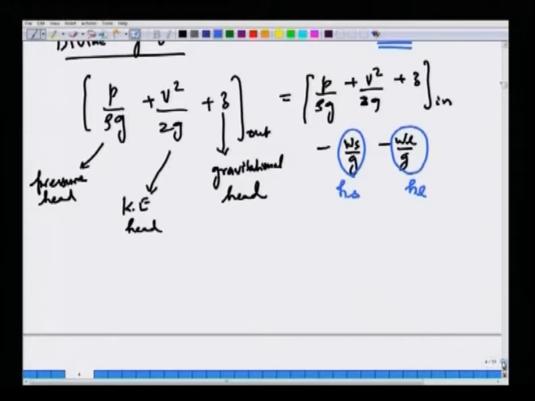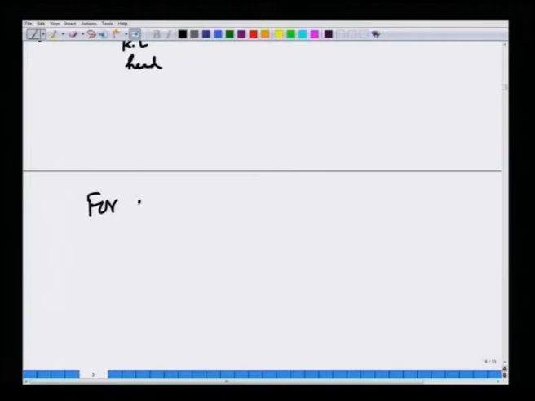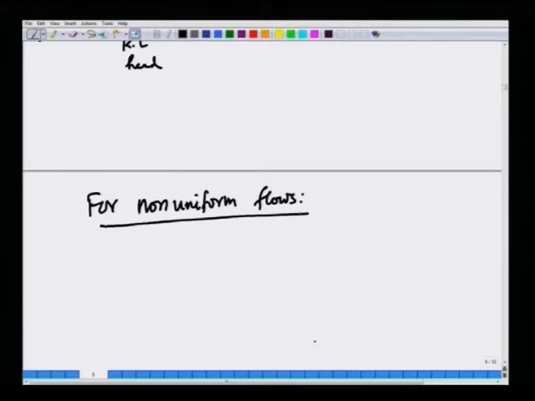As we told in the last lecture, for non-uniform flows, that is where the velocities are a function of the cross sectional area, then just as we introduced the momentum correction factor in the last lecture, for the flux terms in the energy balance you may have to carry out this integral.